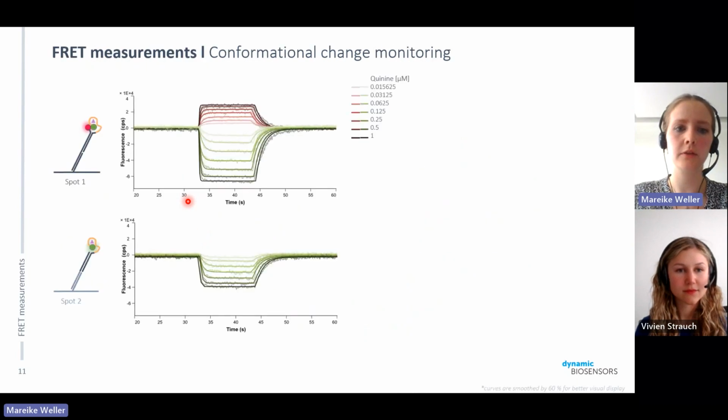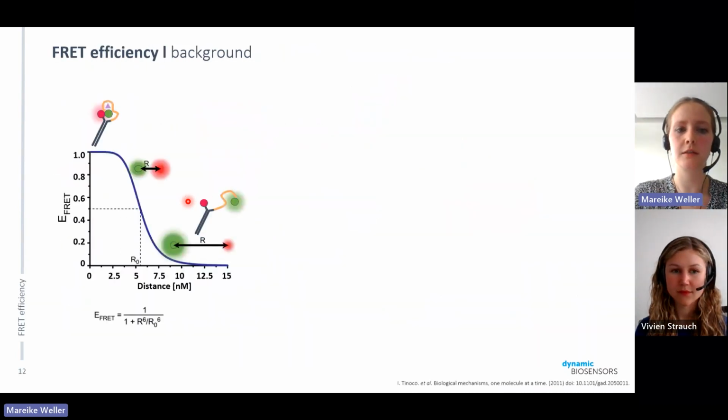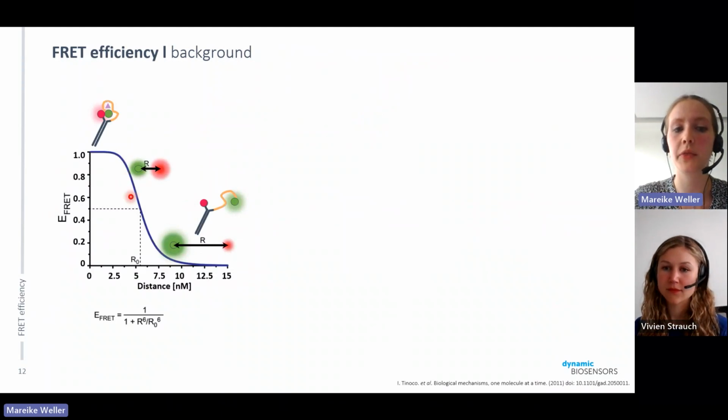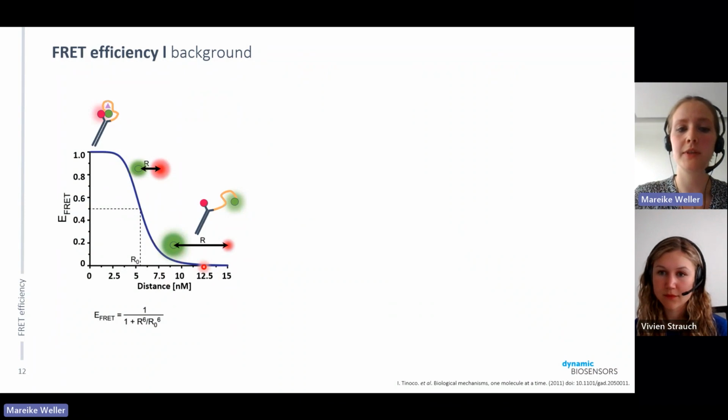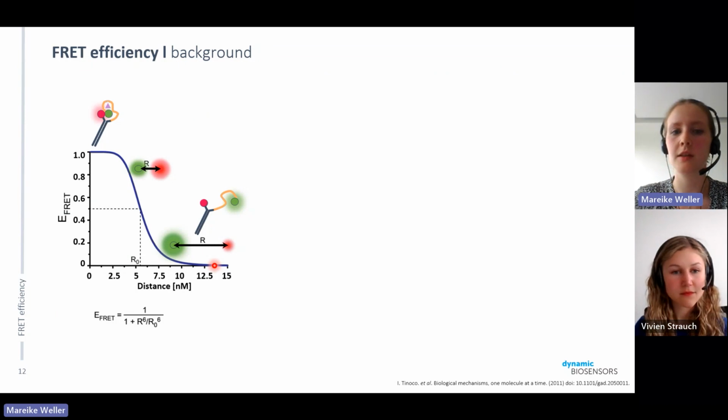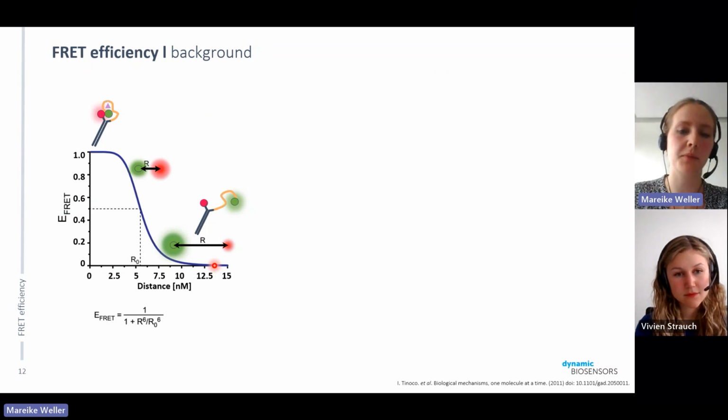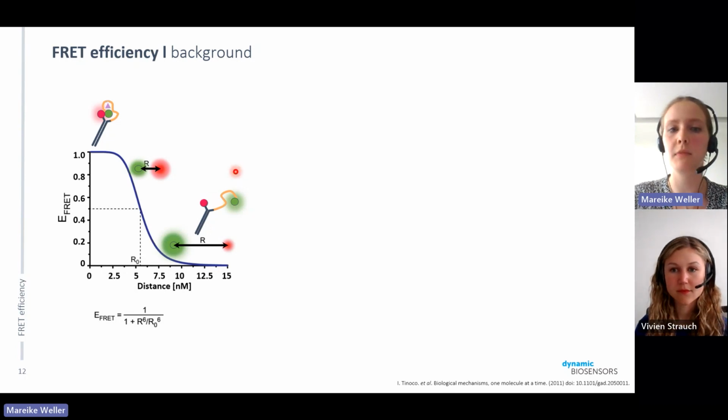If you look at the basic efficiency of the thread transfer, you can see your change if it's within this range. Of course, if it's between 10 and 11 nanometers of distance that your structure only slightly changes, this might not be optimal, but then you can maybe also place your dye at another position here.